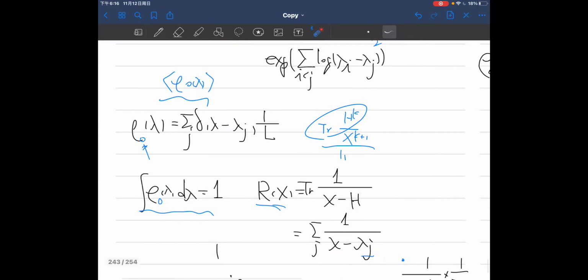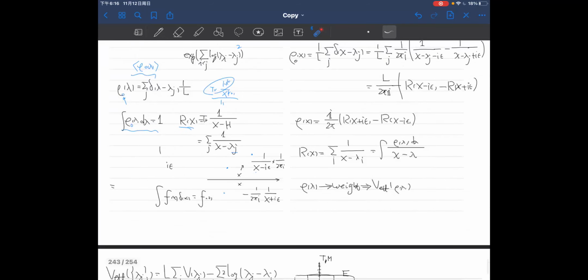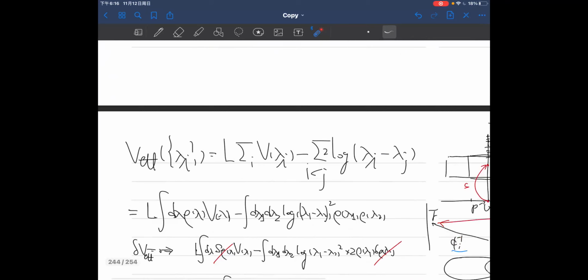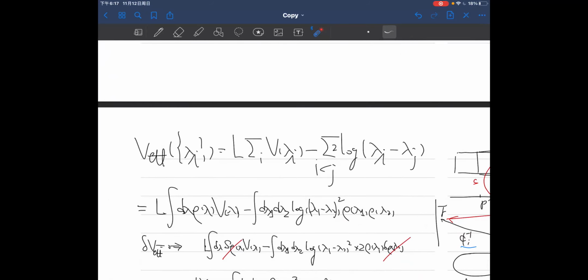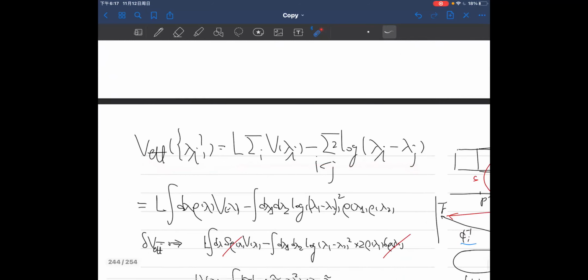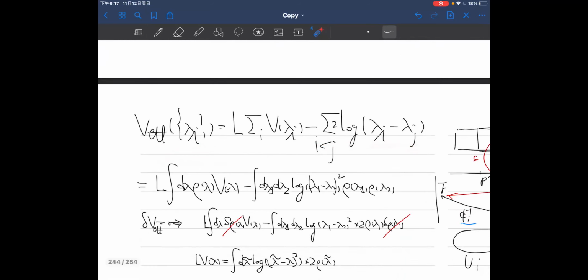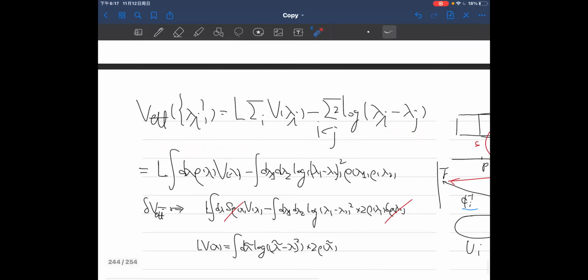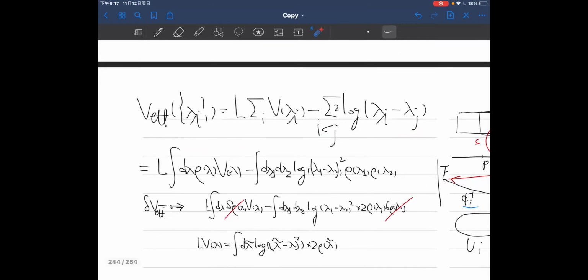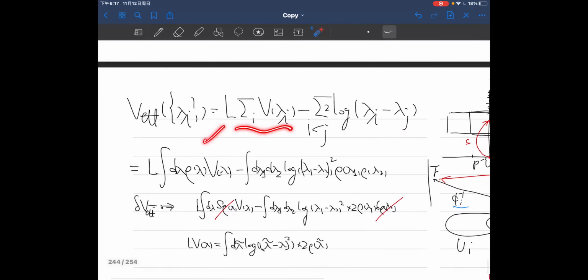We can just write the effective potential as this one. Let me see if I have made a mistake. Okay, no mistake. Okay, then it should become what? Here we can just write this one as this one.